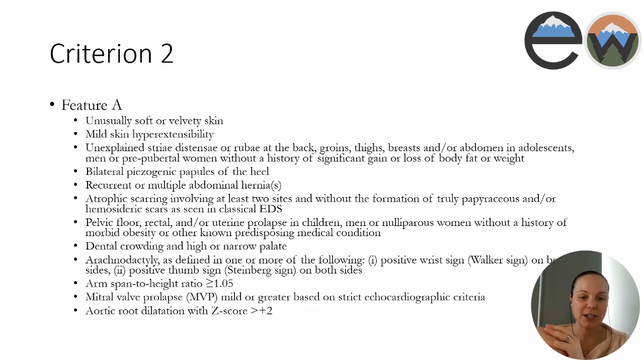Arm span to height ratio. So you actually measure fingertip to fingertip, and then you take that and put it over their vertical height. So that's looking for a greater ratio than 1.05. So you have to do the math. I will be honest, I don't round up with this. So if they're 1.049, I keep it at 1.049, because again, we're just looking for the presence of connective tissue disorder. We don't necessarily have to label everybody unless they do want to be labeled, or it changes care locally where they are.